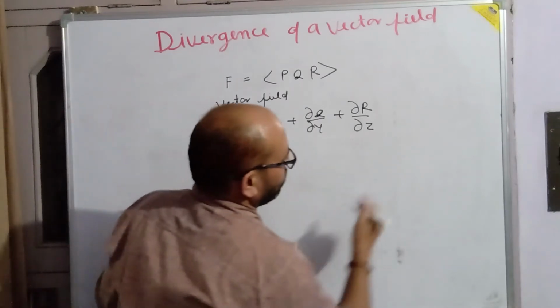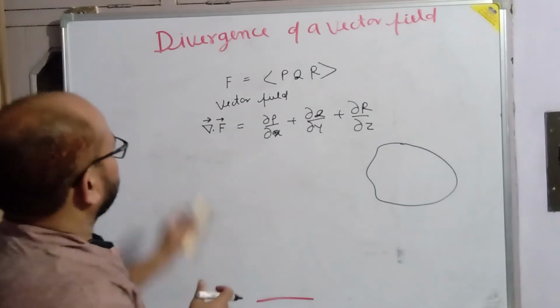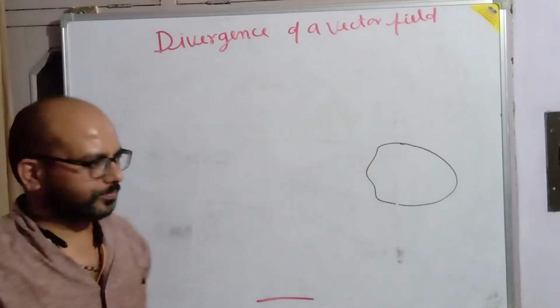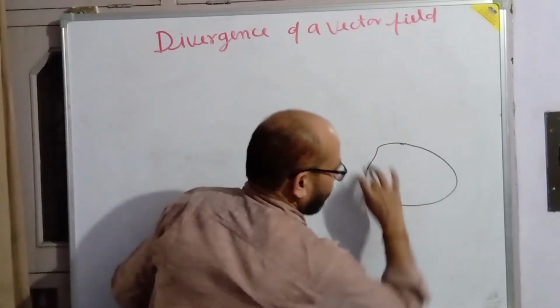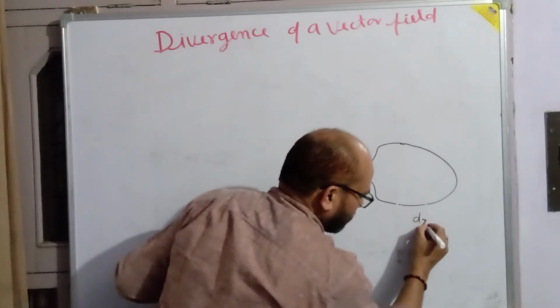Suppose this is a surface, any surface. Another way to look at it: suppose this is the function, and the total volume is d tau.